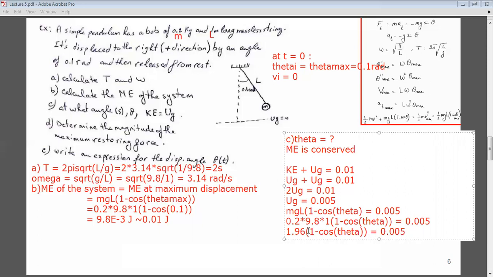I need to get rid of whatever is outside the bracket. 0.2 times 9.8 times 1 is 1.96. So 1 minus cosine of angle theta is equal to 0.005. I divide by 1.96 and I get 1 minus cosine of angle theta is equal to 0.005 divided by that, and this gives me 2.55 e to the minus 3.